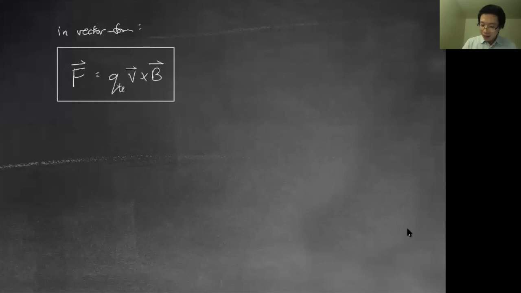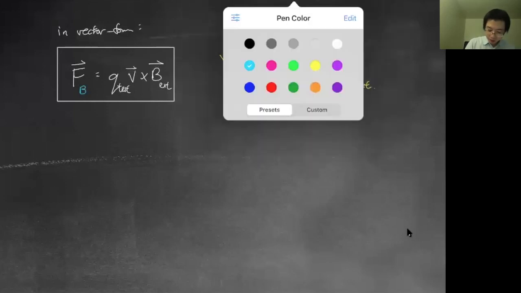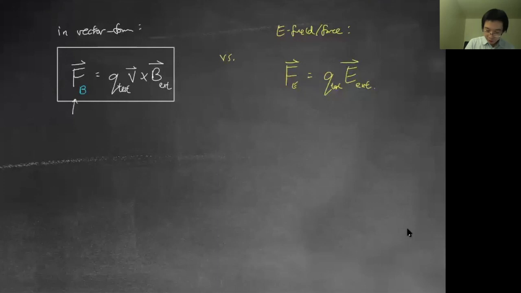Right, so you can contrast this with the electric field force formula, where remember for electric forces, you have this scenario, right? And this time, this is for the magnetic force experienced by the particle on Q by B external.